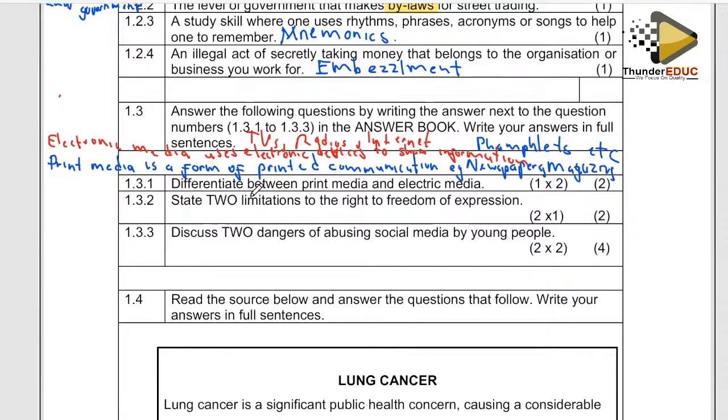So in other words, the question is asking, what are the limitations when you are sharing information with others? What are you restricted from? What are the restrictions which govern the sharing of information with third parties?